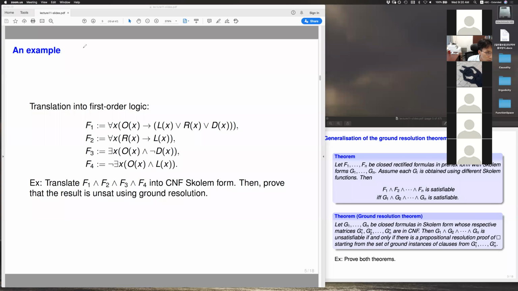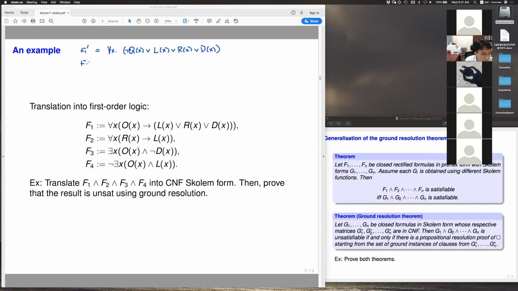So if we do the translation for F1, which we call F1 prime, that's going to be for all X. And we convert this implication by negation and disjunction. So that's going to be this formula: not O of X or L of X, R of X, D of X. So this is a rectified Prenex formula with the matrix being a CNF, but actually F1 prime is also in Skolem form, because it only has a universal quantification.